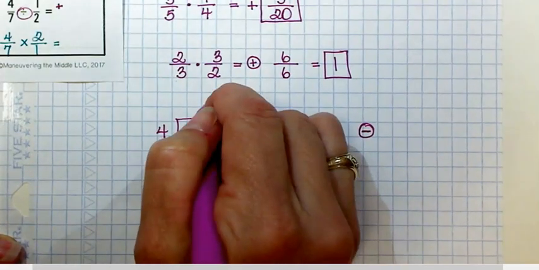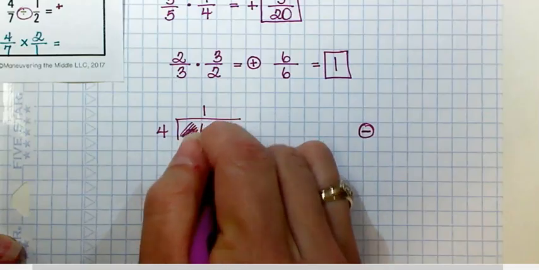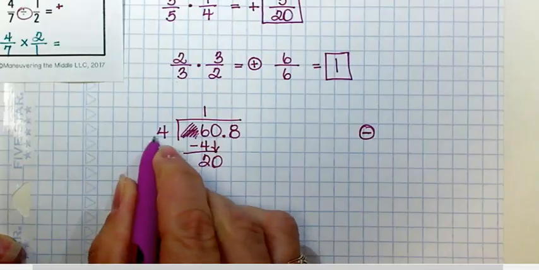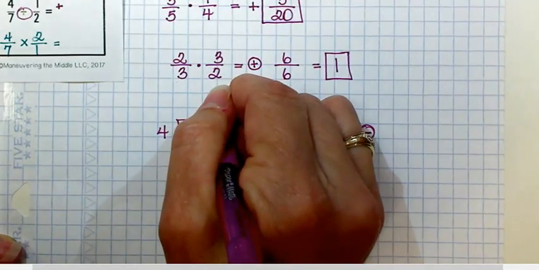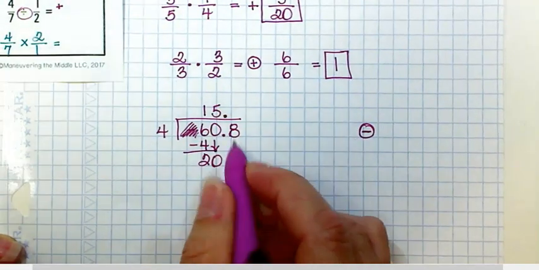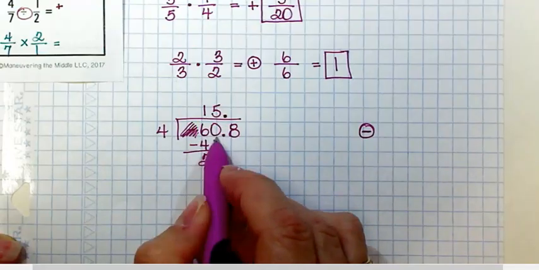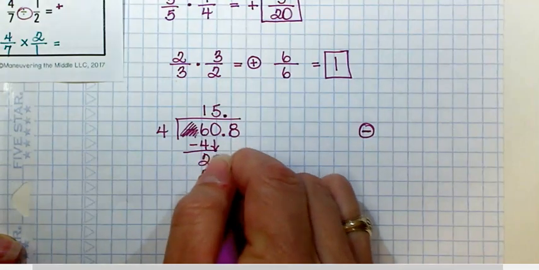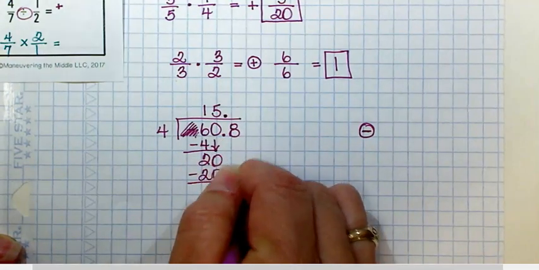4 will go into 6 one time. 6 minus 4 is 2. Bring down the 0 and make it 20. 4 will go into 20 5 times. Okay, bring the decimal up. And notice I'm writing my digits right above whichever place I'm dealing with. 5 times 4 is 20. 20 minus 20 is 0.